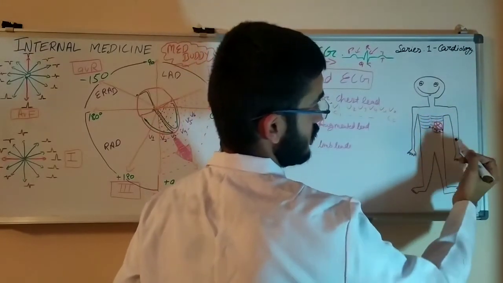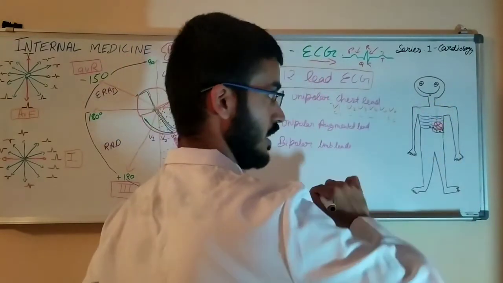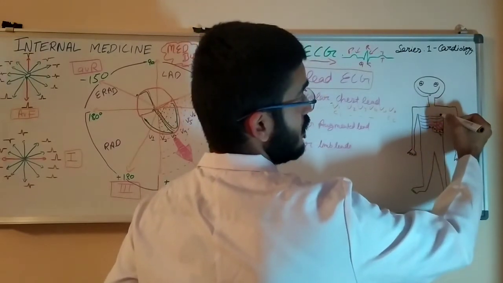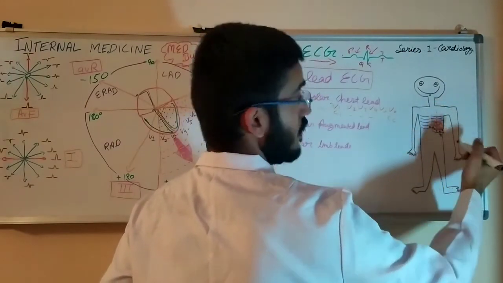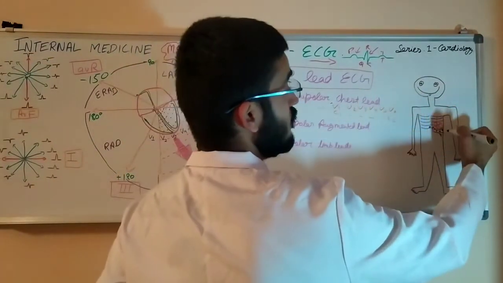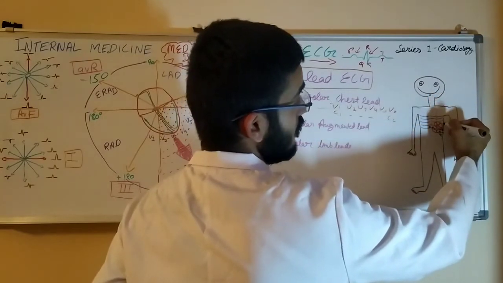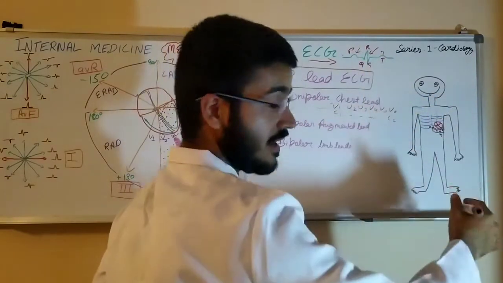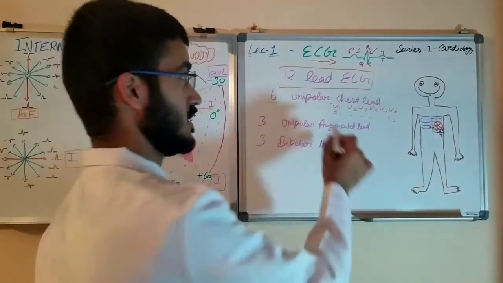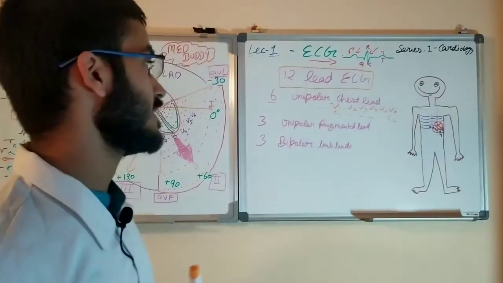This is the fifth intercostal space, and this is the mid-clavicular line. V5 is placed on the anterior axillary line in the fifth intercostal space, and V6 is placed on the mid-axillary line, again in the fifth intercostal space. So this is the placement of the V1 to V6 unipolar chest leads.